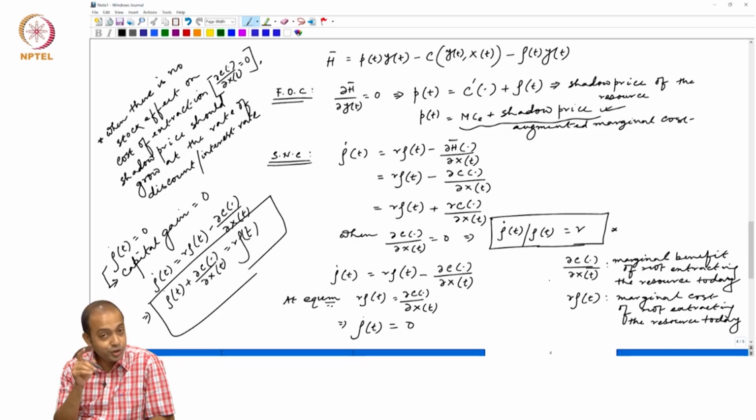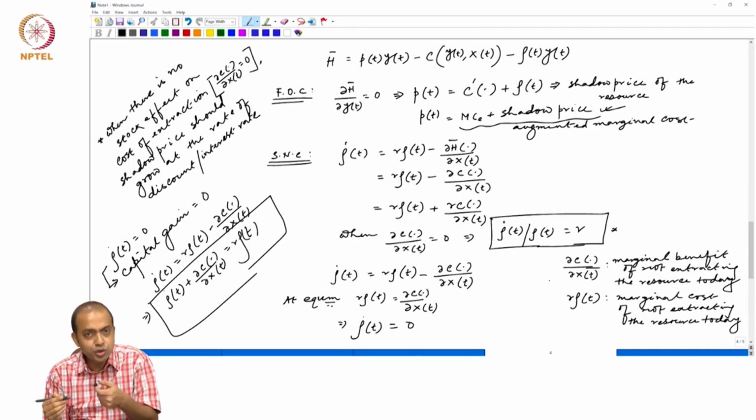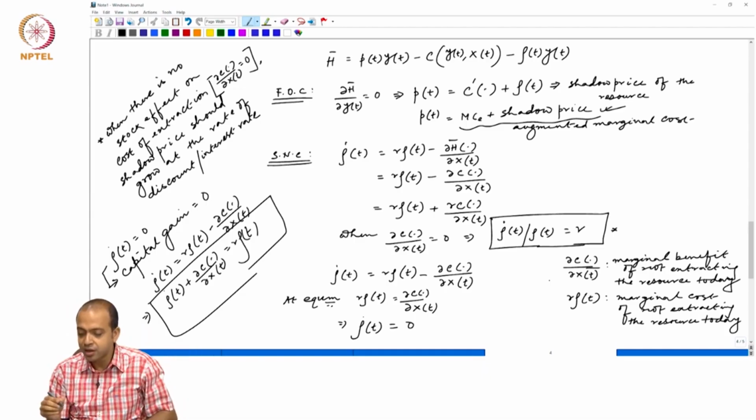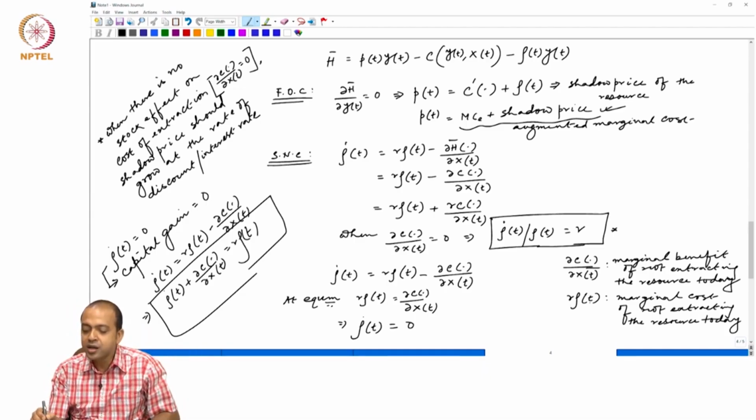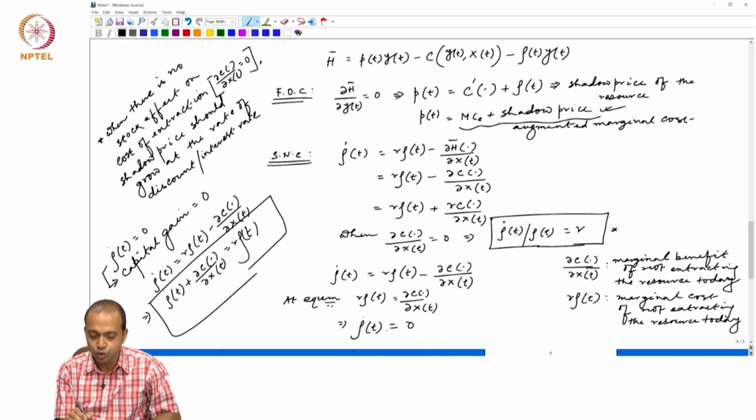But if you do not extract the resource today, there is a cost also. What is the cost? You will lose some interest which you could have earned by extracting the resource today and keeping the money in the bank. And what is that amount? r into rho_t. That is the marginal cost of not extracting the resource today. At equilibrium these two are equal, and that makes rho dot t equal to 0.